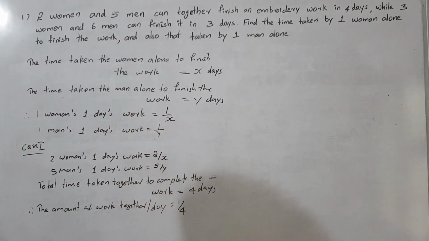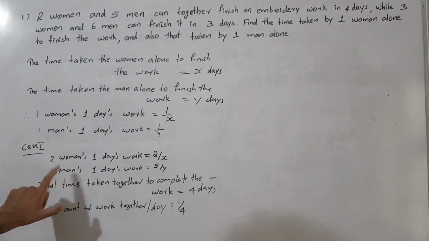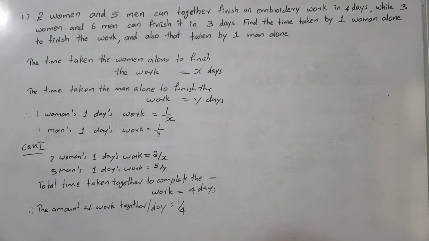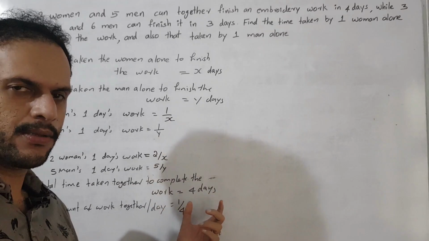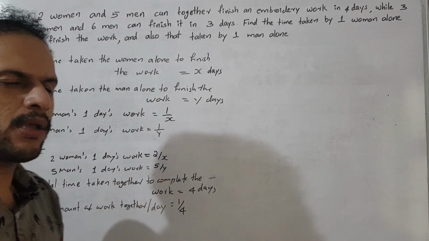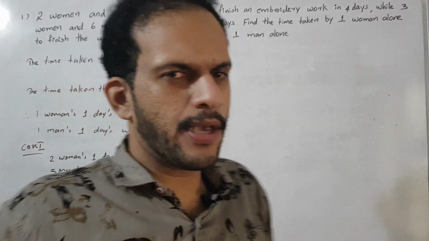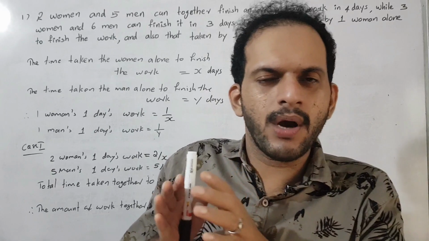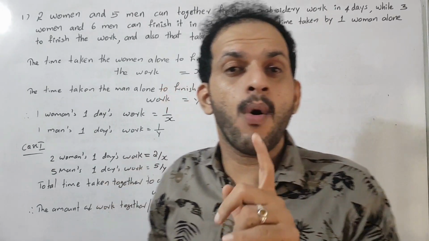Okay, എന്താണ് രണ്ട് പേരും, 2 women and 5 men together to complete the work. What is the time? 4 days. Okay, then what is the work amount of both? If they do the work together, what is the work amount per day?